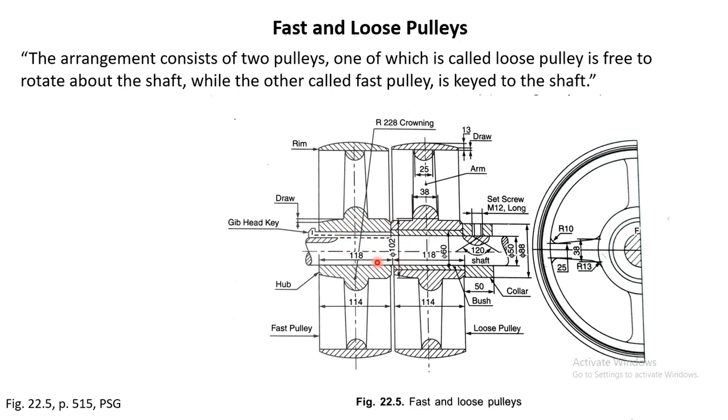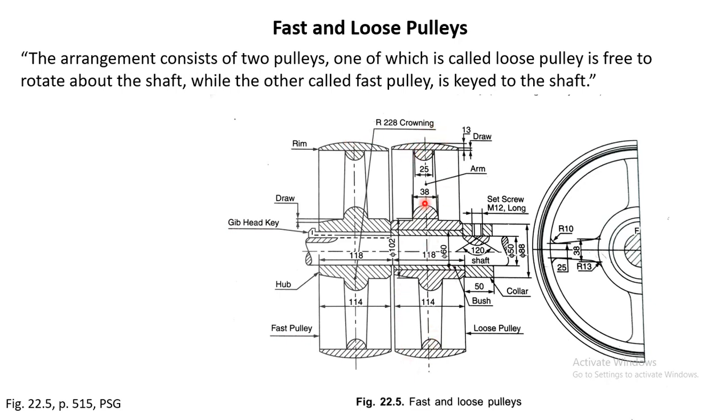This kind of pulley is used where you need to extract power intermittently. Sometimes when you need the power, you shift the belt onto the fast pulley so that the fast pulley will make the shaft run or rotate, and when you don't need the power, you move this belt to the loose pulley.